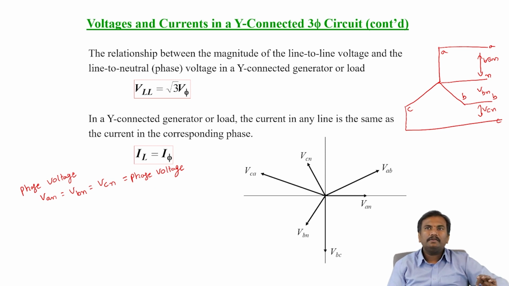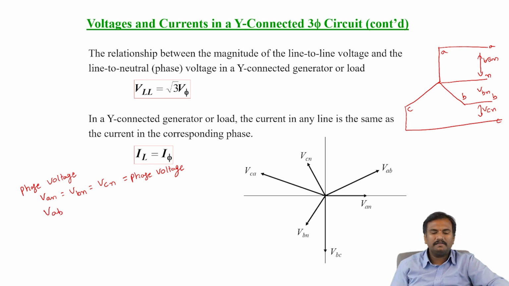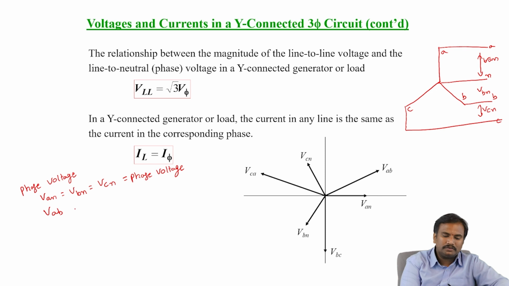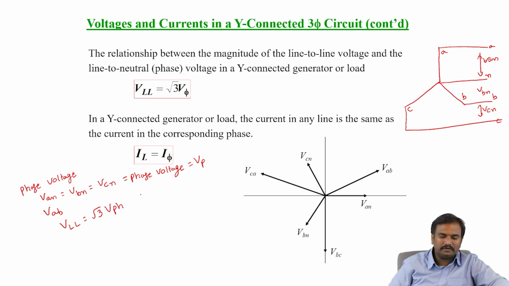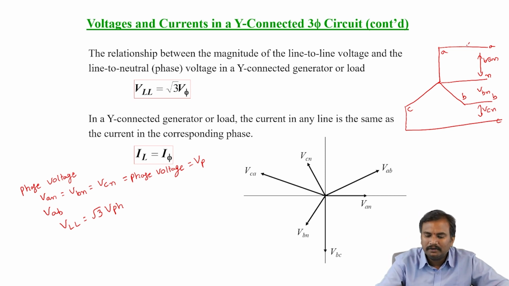Now we need to calculate the line voltage between A and B. Let us consider the phase voltage as VP and VAB as the line to line voltage. That is root 3 times the phase voltage. And here the currents flowing are IA, IB, IC. There is no other path for the current, only one path.